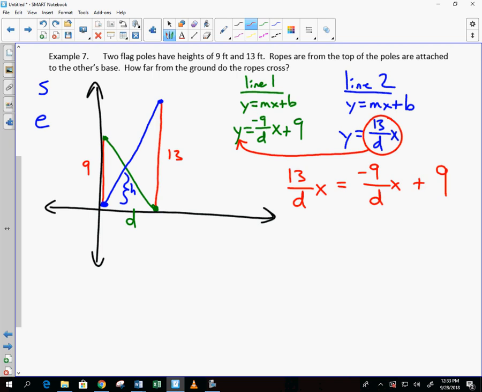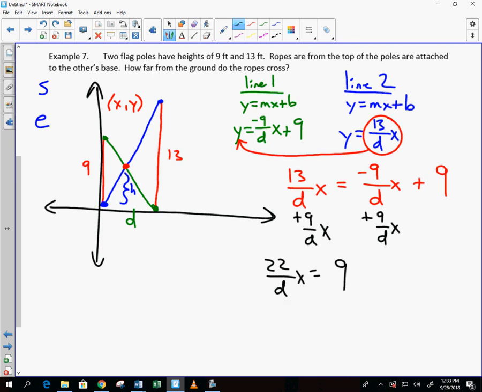Understand that as I'm finding this coordinate, I'm looking for an x, y value. Tell me, am I currently solving for the x value or the y value? I'm solving for the x. You can see the x's are right here. I'm going to gather the x's on one side. I'm going to add 9 over d x to both sides. And I get 22 over d times x is equal to 9.